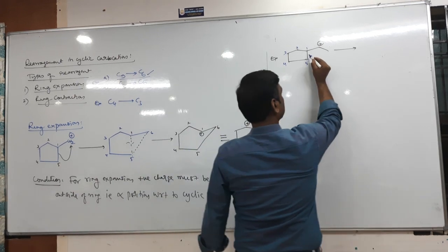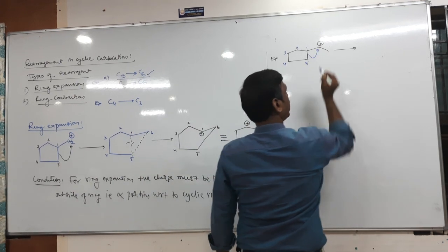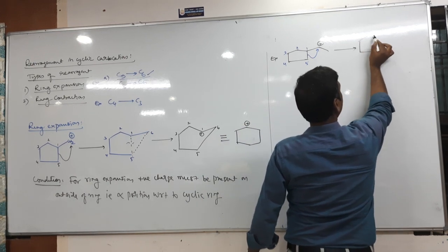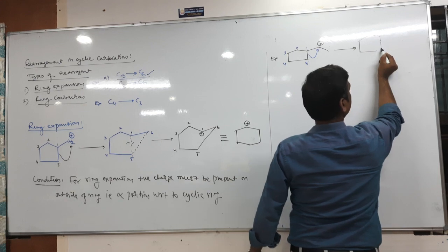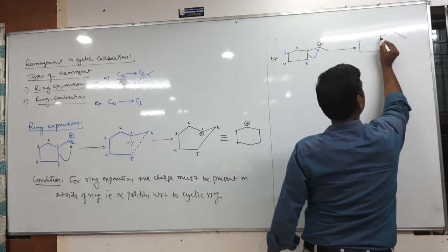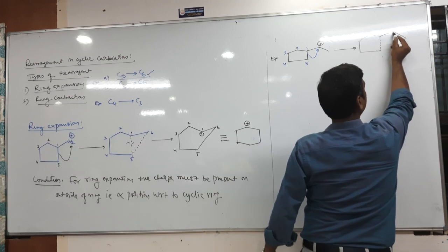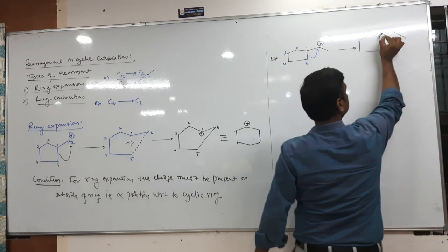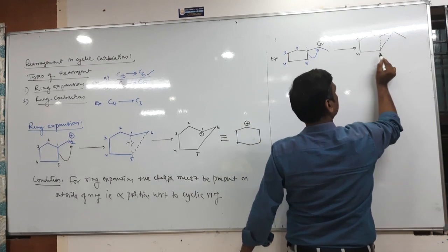Then this 1,5 bond is shifted here. Then you will get partial breaking and partial making of bond. This is the partial breaking, partial making of bond, and the numbering will be the same: 1, 2, 3, 4, 5.